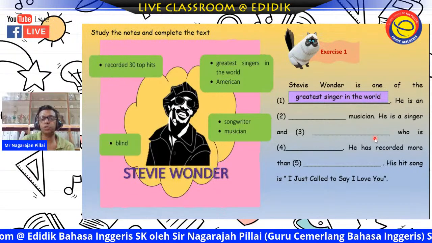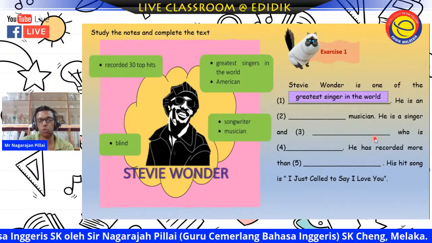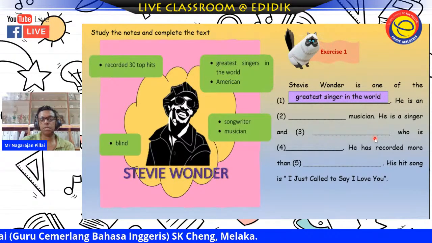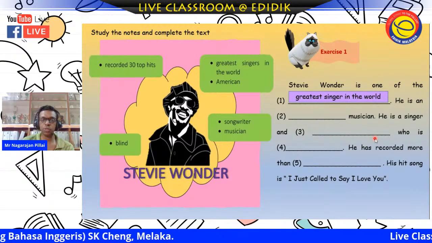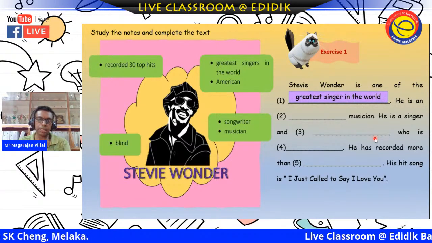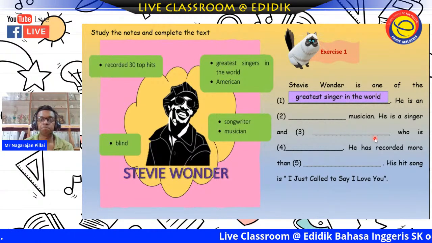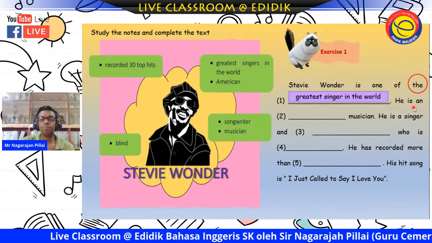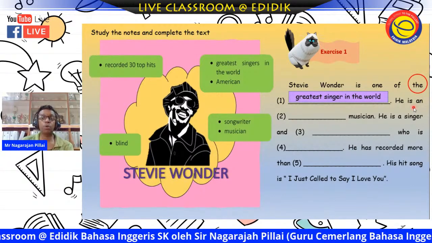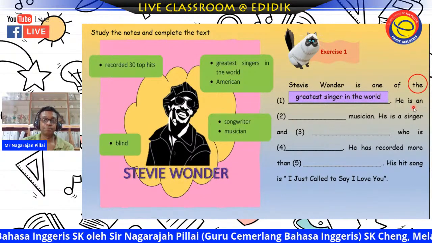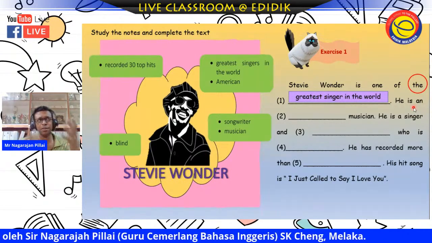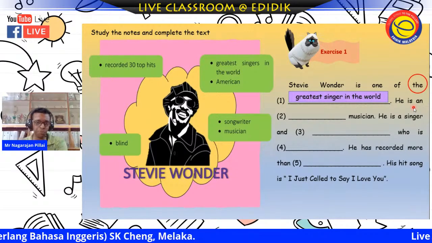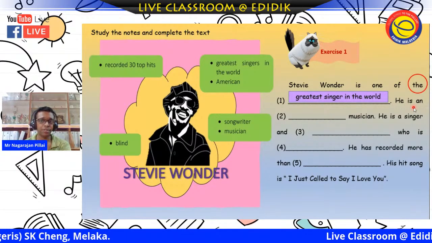Now, how can you guess this is the answer for number 1? It might be Stevie Wonder is one of the American greatest singer in the world. Look at the word the. Can you still recall the positive, comparative, superlative adjectives?